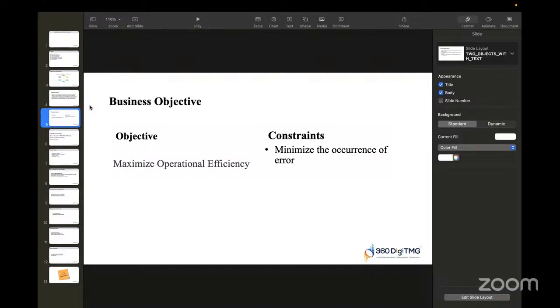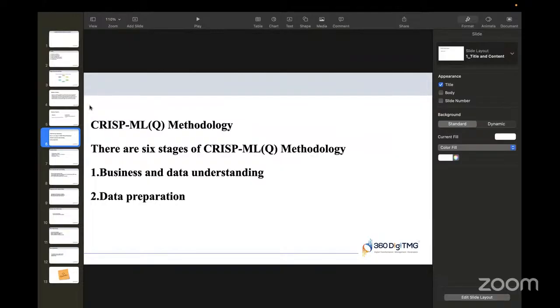The objective of this project is to maximize the operational efficiency. There will always be a constraint in our project, and we also want to minimize the occurrence of errors. To achieve this objective, we went through 6 stages, from business understanding and data preparation through to data visualization.